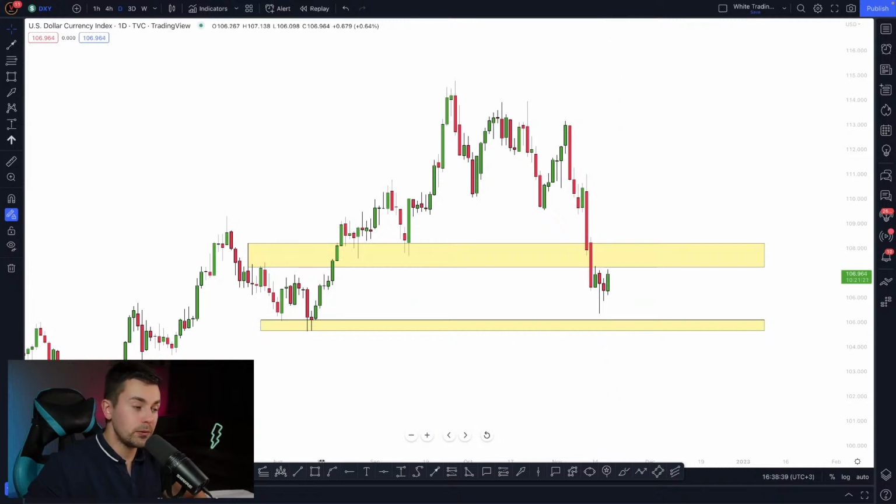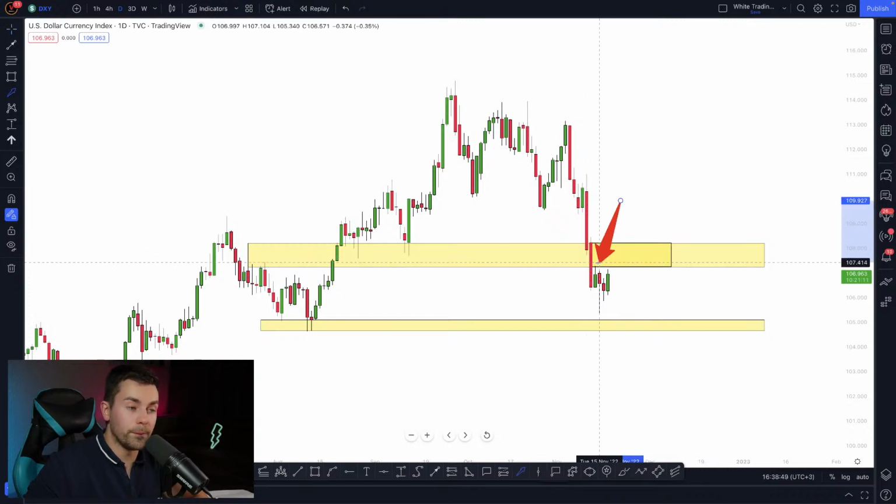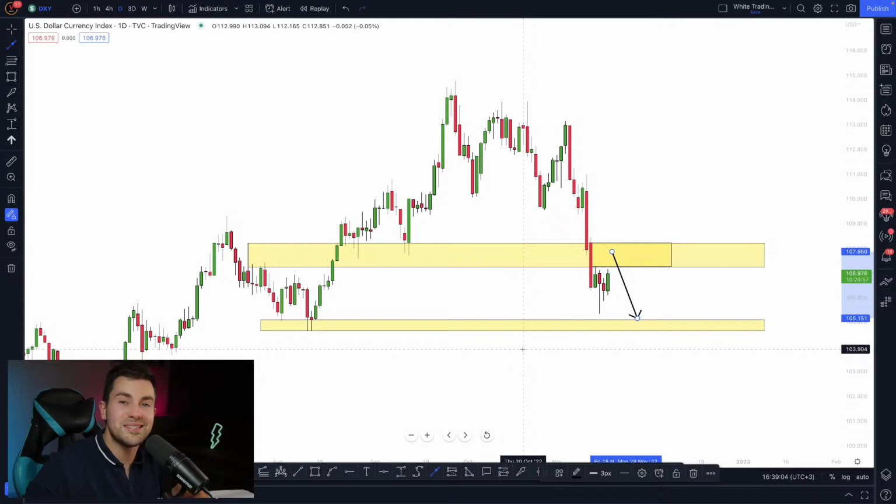The next strong support that I spotted was right here. So now, from a core perspective, definitely that broken structure turned into a very important resistance. And we already saw a nice bearish reaction from that. And now the market is coming closer to that. Traders, I believe that dollar index may still drop.